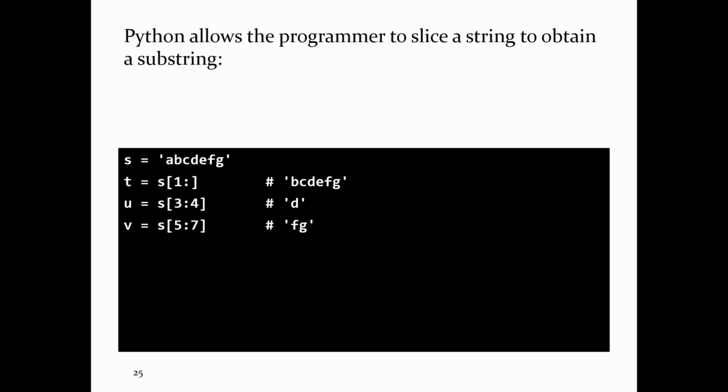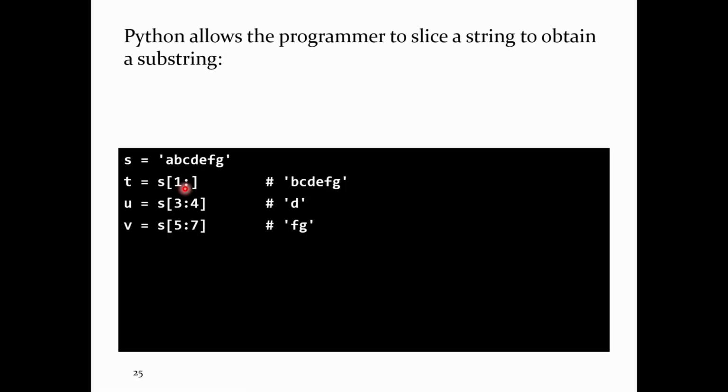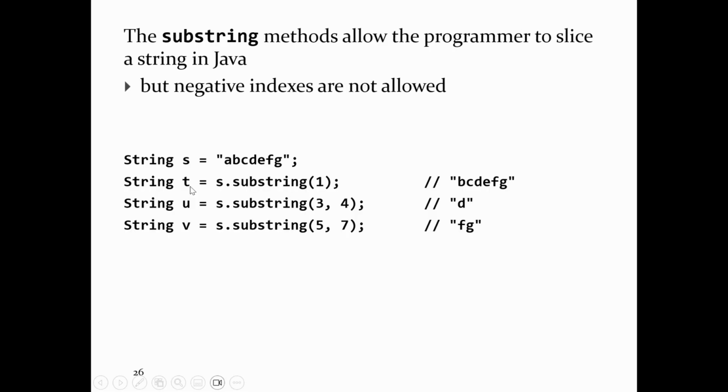You can't slice a string using this notation in Java, but there is a substring method that does the exact same thing. So substring is basically the analog of Python slice for strings. The only difference is that you can't use negative indexes. Instead of writing s[1:], you just write s.substring(1), and that gives you all of the characters of the string starting at index 1.